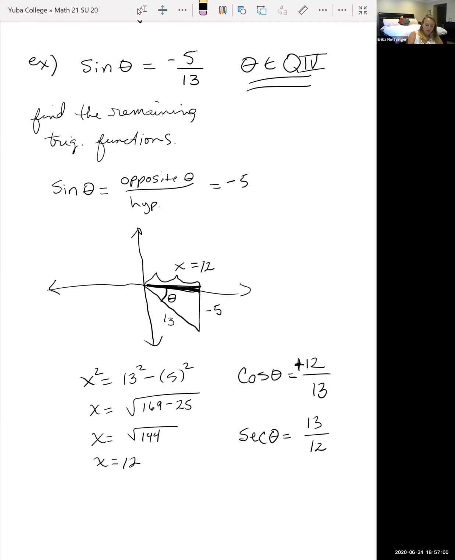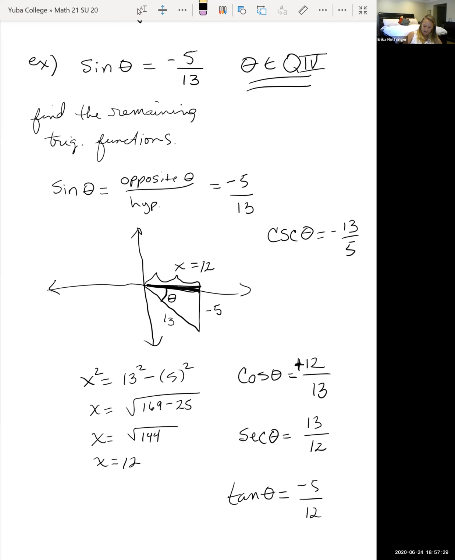I didn't even need to do work really to find cosecant. So cosecant theta is the reciprocal of sine. So that would be -13 over 5. Tangent theta is opposite, so -5 over adjacent, 12.